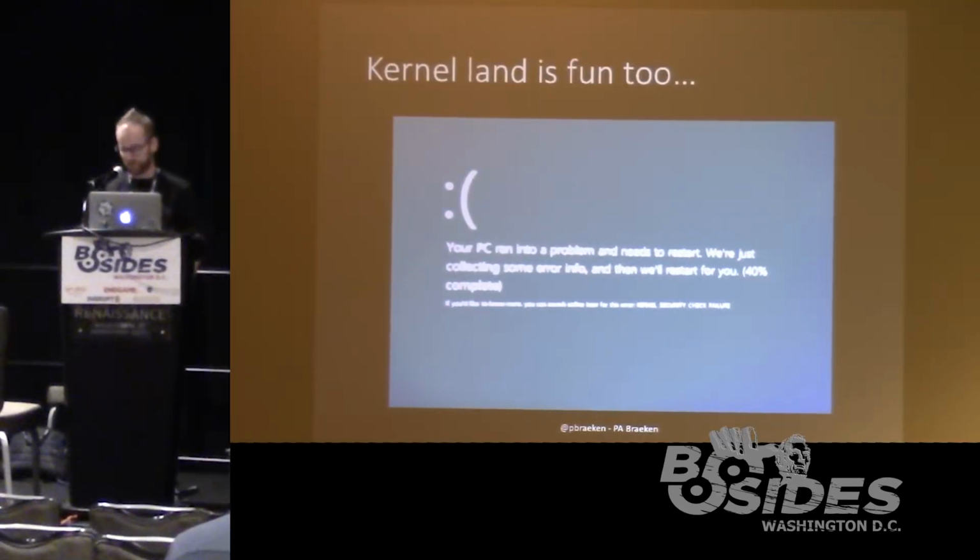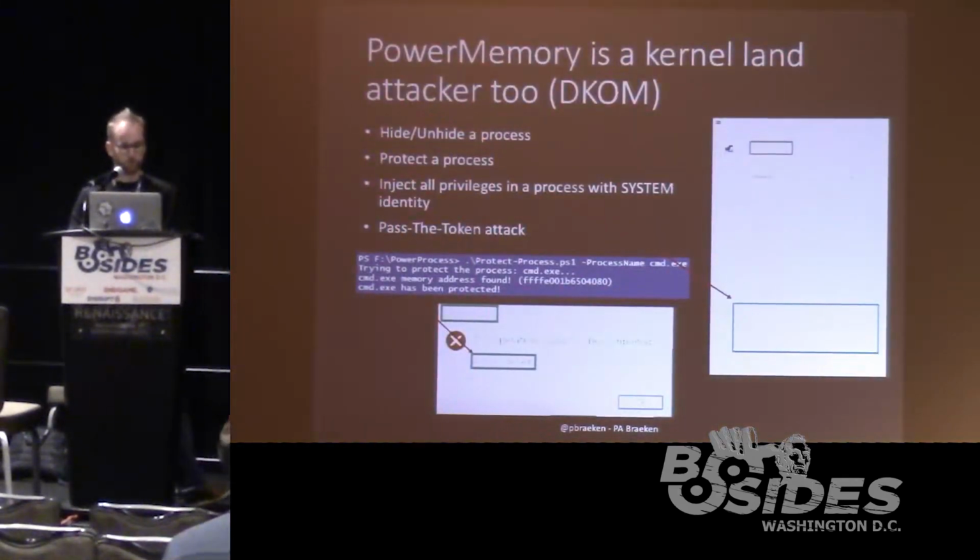So you will have some screen like that. But it's very useful because you can do all that advanced malware can do. For example, DKOM, direct kernel object manipulation. With this kind of technique, you can hide a process from the task manager, for example, and from the kernel structures.